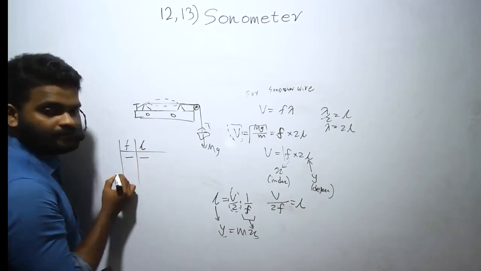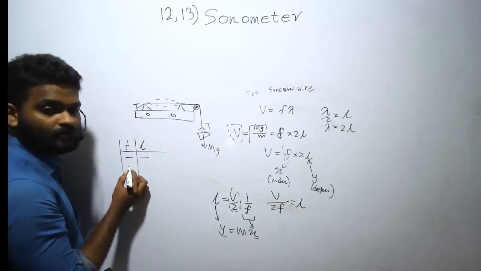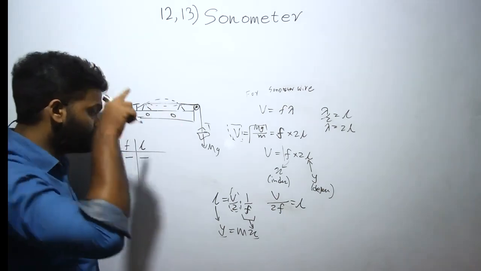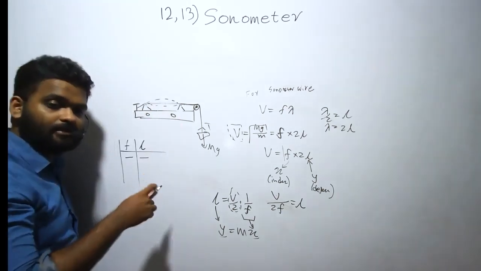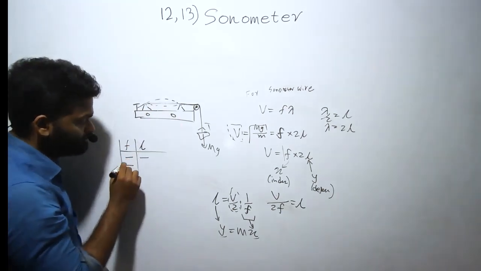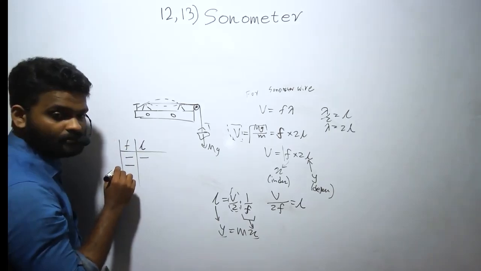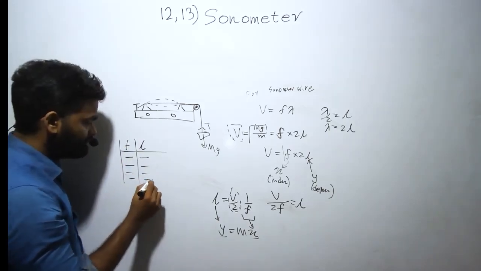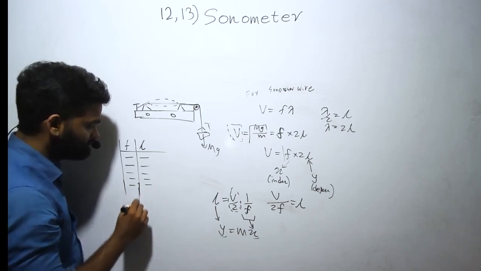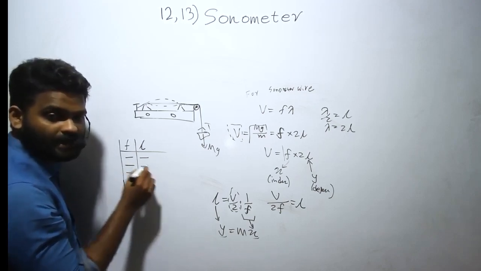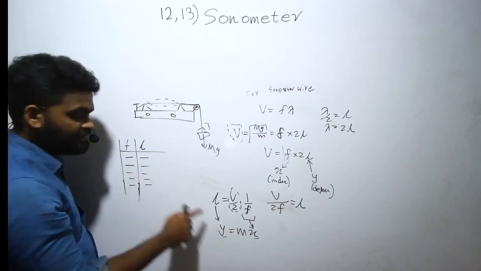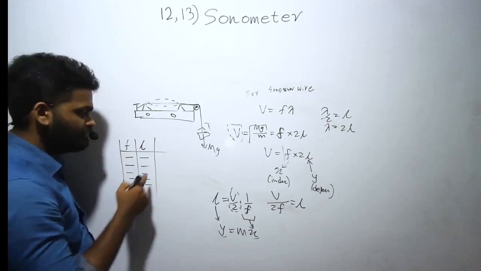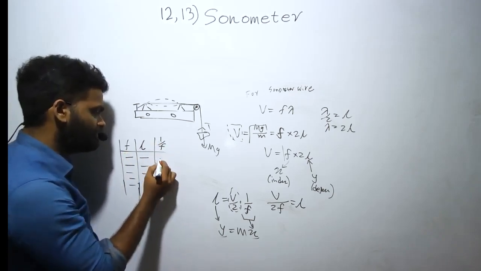You mark it here. Then get another fork, place it following the same procedure I explained earlier. Place the sonometer using resonance, mark the F value, frequency of the fork, L. Like that, you need to get about six readings for F and L. But here it is L and 1 over F, right?